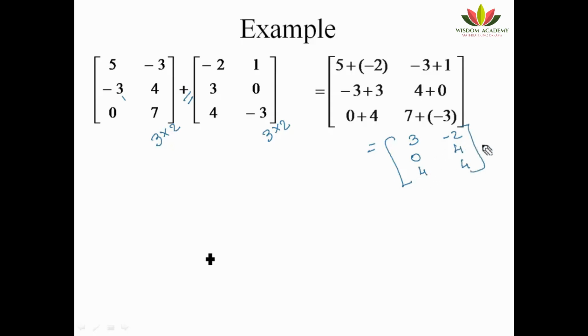So how did I form this? By adding the corresponding elements, that is 5 and minus 2, here the symbol is plus. So 5 plus minus 2 will be 3. This is the C matrix, this is the A matrix and this is the B matrix. To form the C matrix, what did I do? A11 plus B11 to form C11, right? And you want to note that the resultant matrix will be in the same order as my input matrices, A and B.